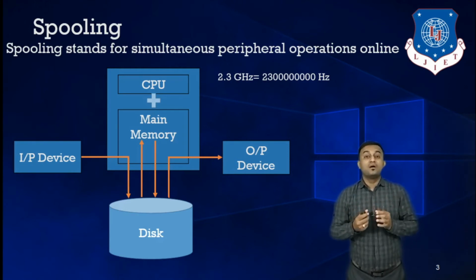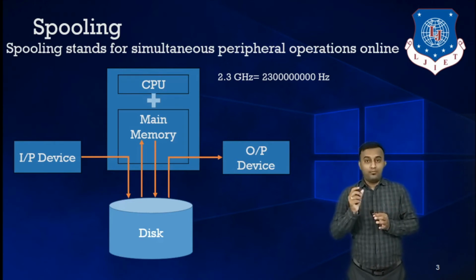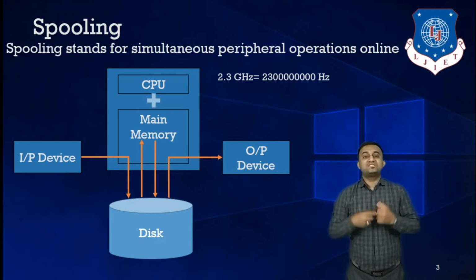It means these many clock cycles would be performed in a single second. So you can imagine the power of the CPU. There is enormous speed of the CPU. And still people are saying my laptop or my desktop is slow nowadays.